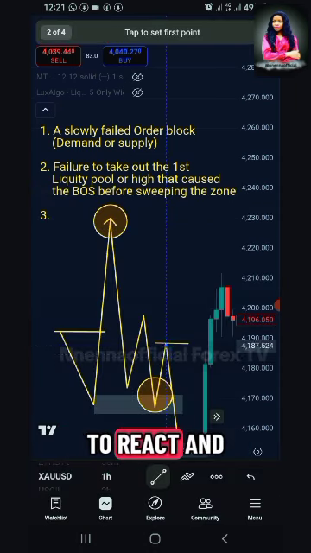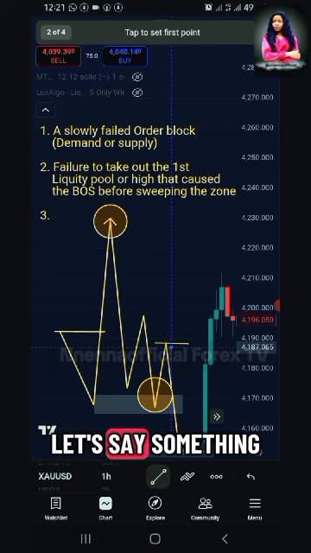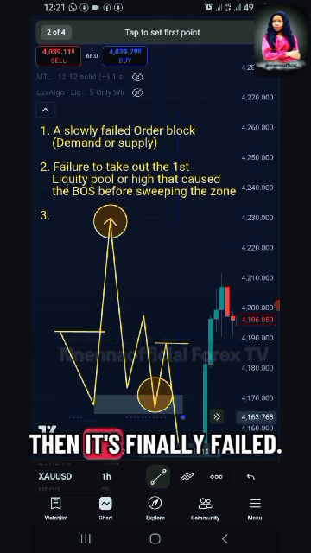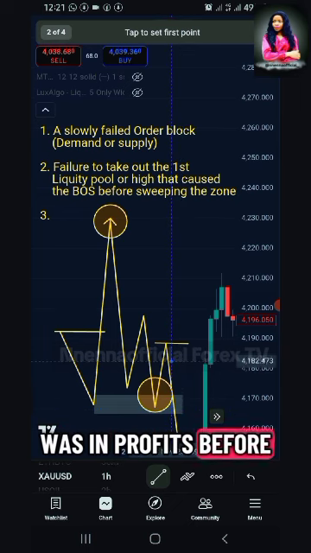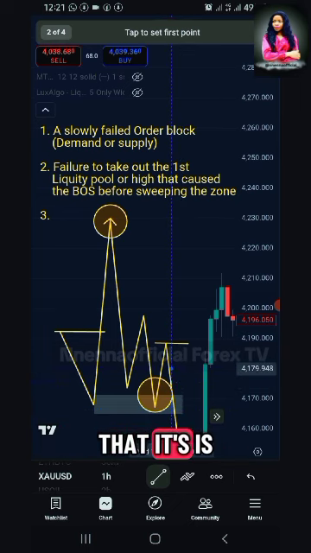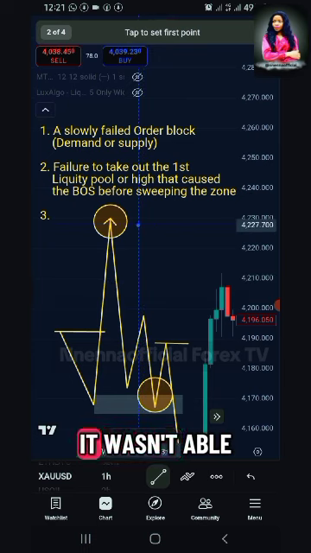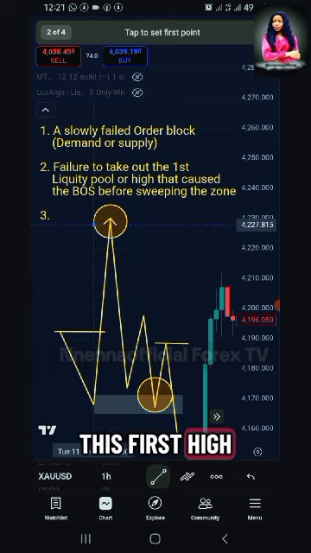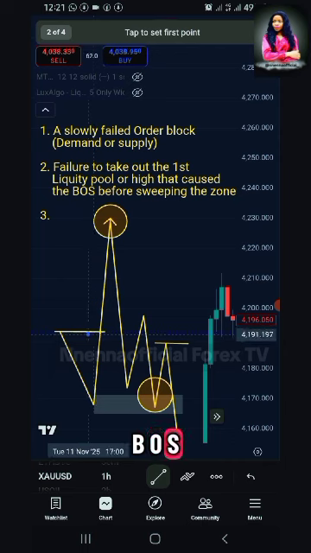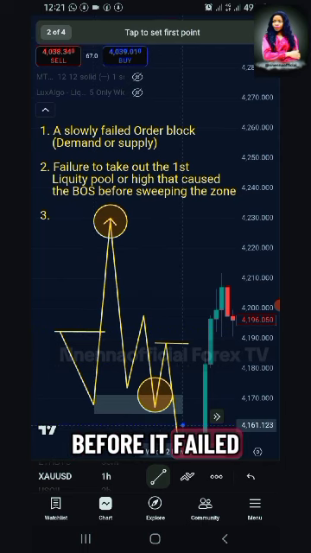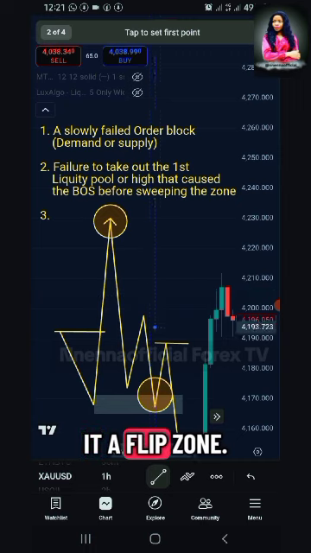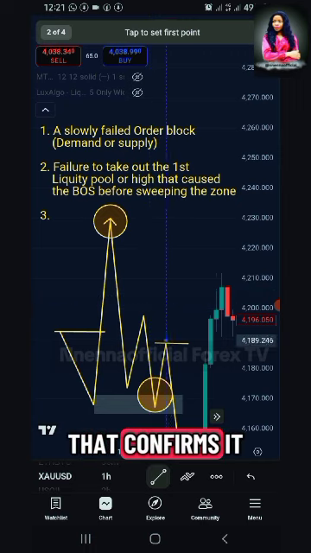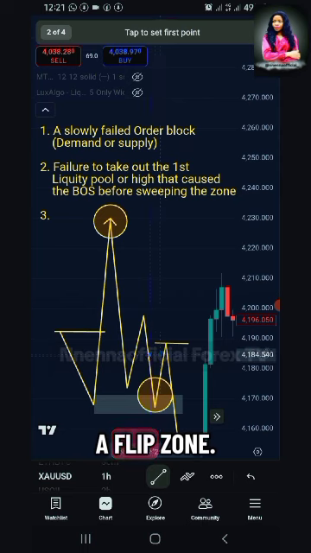Market was able to react and get to this level, let's say something like 2 hours, and then it finally failed. So it doesn't matter whether it was in profit before, but the fact that it wasn't able to take out this first high caused by the BOS before it failed, that technically confirms it a flip zone.